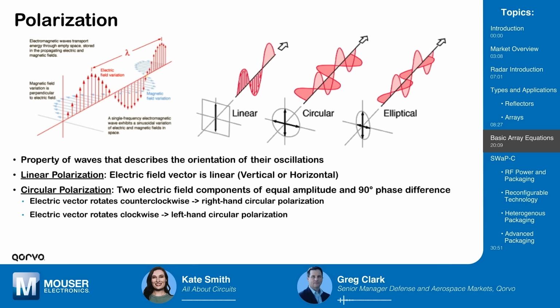But circular polarization adds complexity to that system. It helps reduce the impact of interference and increases the robustness of the radar's ability to detect that target. But it comes with, again, more complexity with the algorithms on how to interpret that data. It can also result in an increased number of components in order to support it.